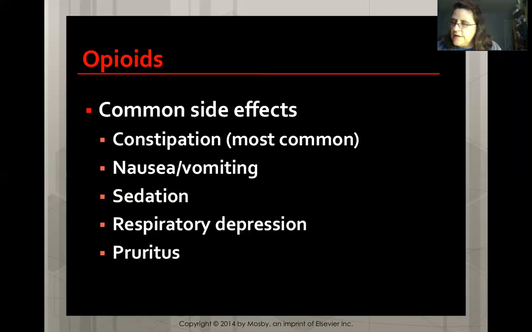So anybody that is on an opioid for long-term pain management needs to be on some kind of a bowel regimen to prevent this. Most patients should be using a gentle stimulant, laxative, and a stool softener. Nausea often is a problem in opioid-naive patients if they don't use them routinely.